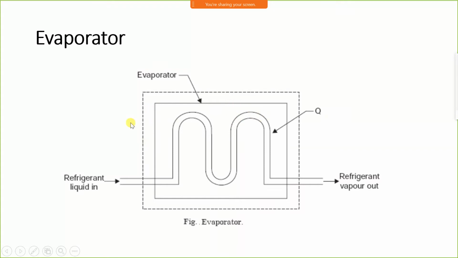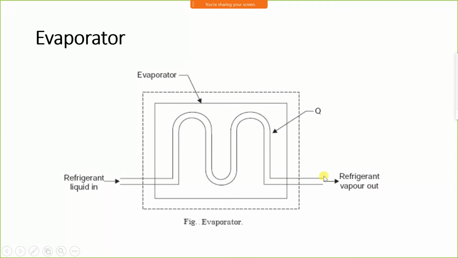Now, since there is no moving part in this unit, only one pipe is there, therefore there is no work done.